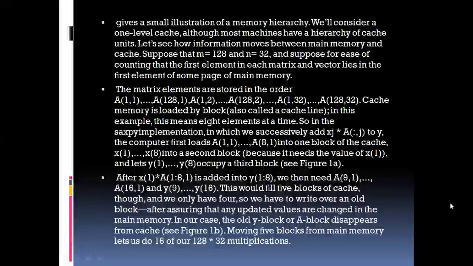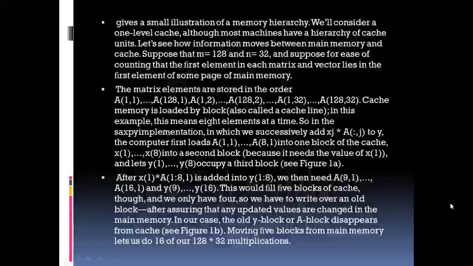Let me give you a small illustration of the memory hierarchy. We'll consider a one-level cache. Although most machines have a hierarchy of cache units, let's see how information moves between main memory and cache. Suppose that m is equal to 128 and n is equal to 32. And suppose, for ease of counting, that the first elements in each matrix and vector lie in the first elements of some page in the main memory.